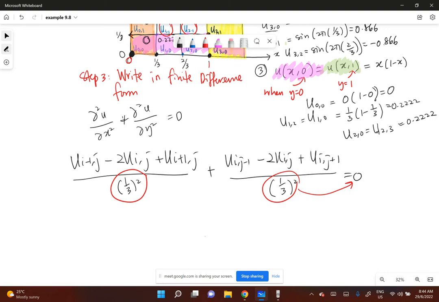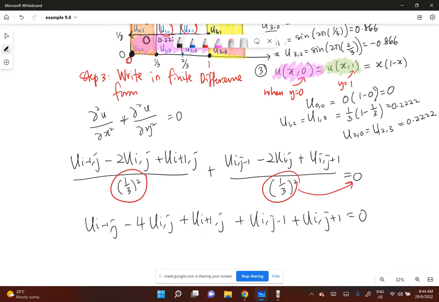So now what is left is ui minus 1j minus 4uij plus ui plus 1j plus uij minus 1 plus uij plus 1 equal to 0.